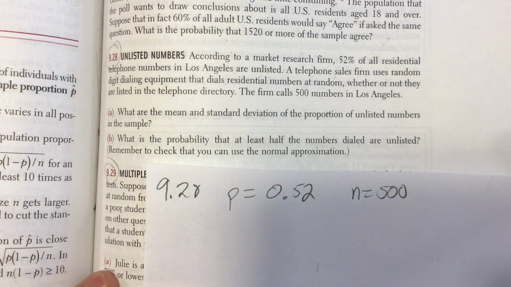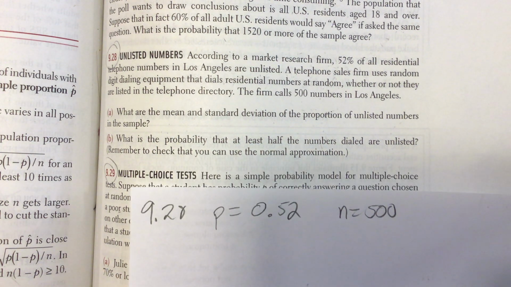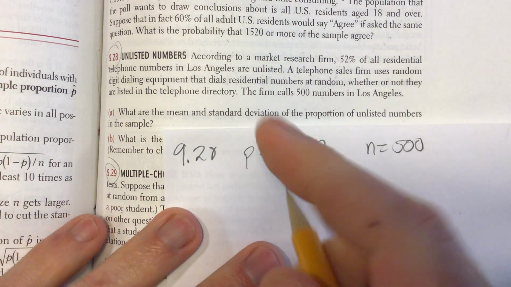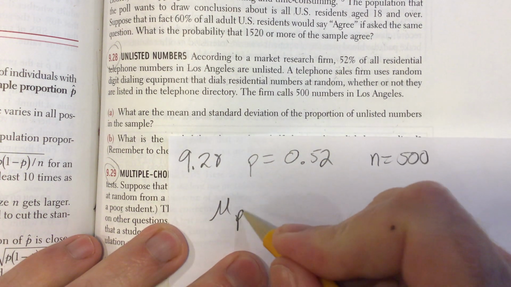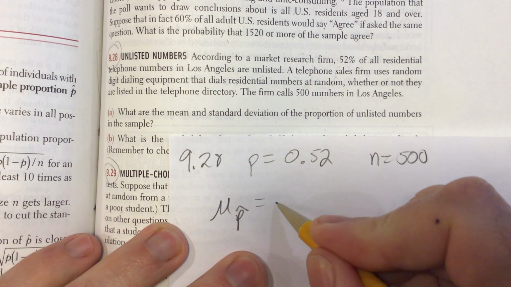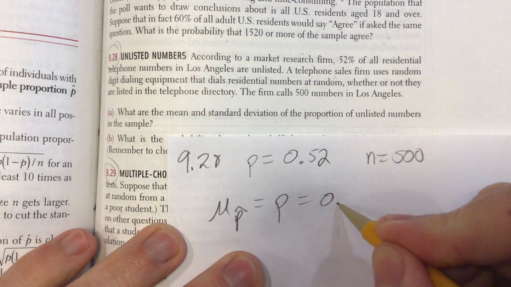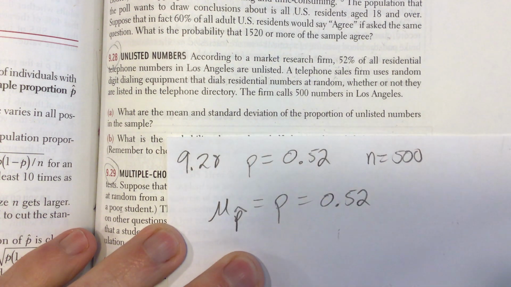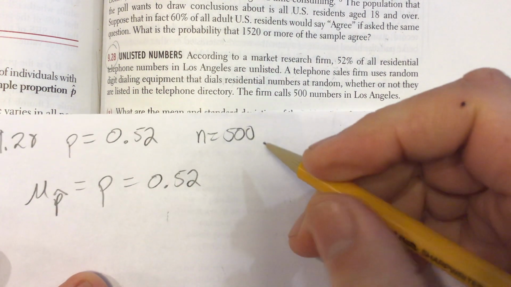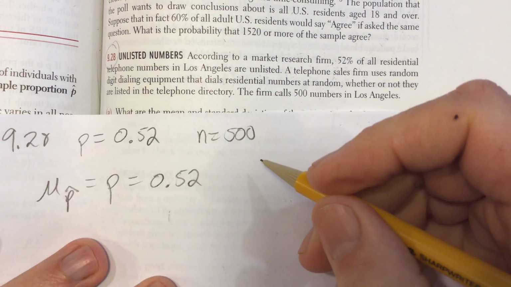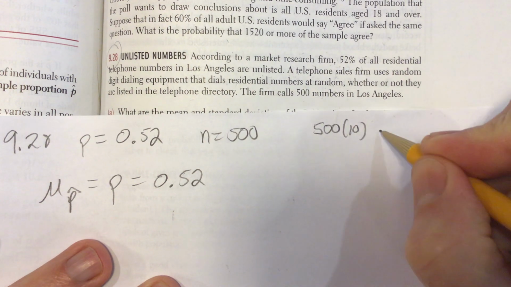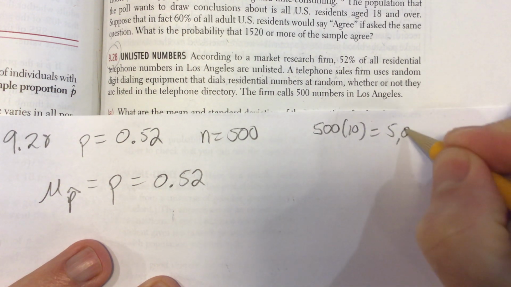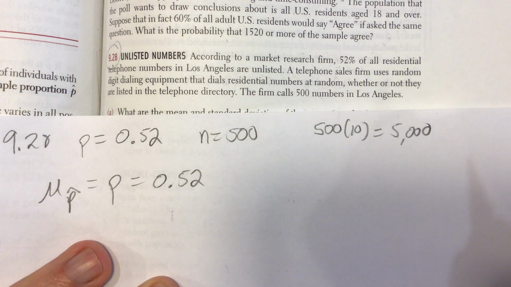Okay. What are the mean and standard deviation of the proportion? So the mean of p hat is equal to p. Now to calculate the standard deviation, we do need to say there are at least 5,000 telephone numbers in Los Angeles.